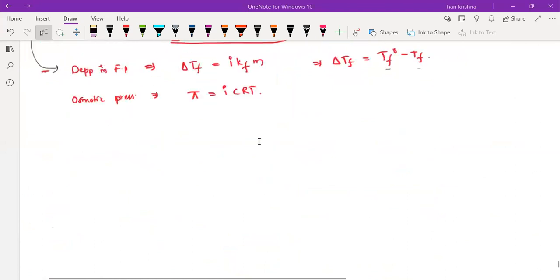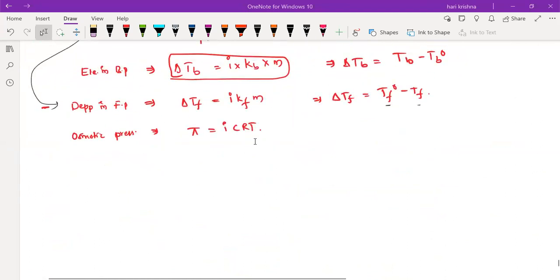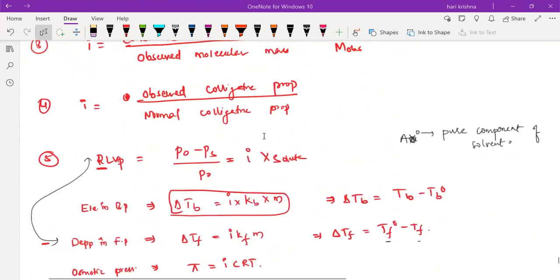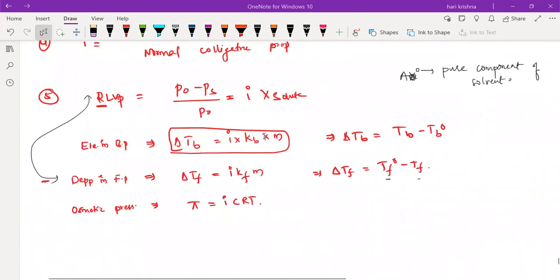Okay, so we'll solve some more problems on this. Then we'll get the clear idea about this. But the only thing is you have to remember these formulas, especially the colligative properties formulas. Which one is delta TB? Which one is delta TB not? How to take that one? That is the important thing.